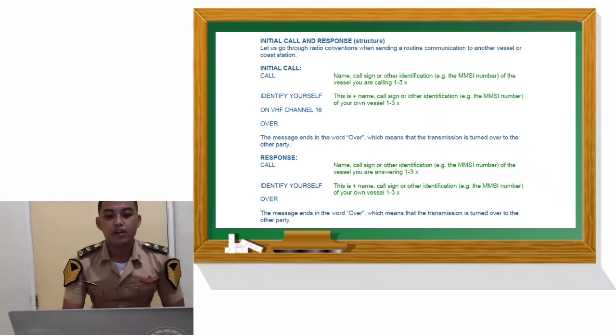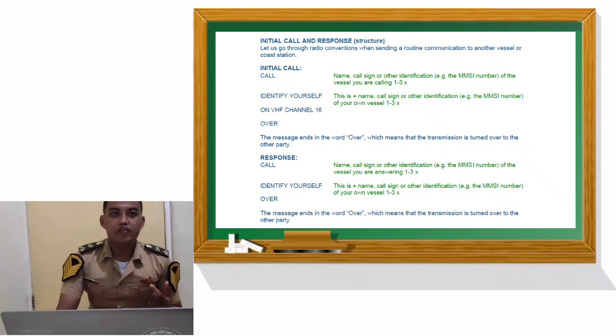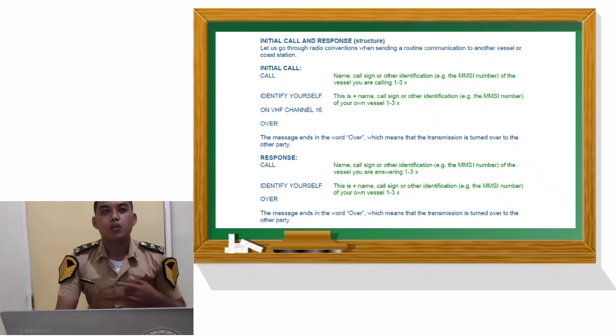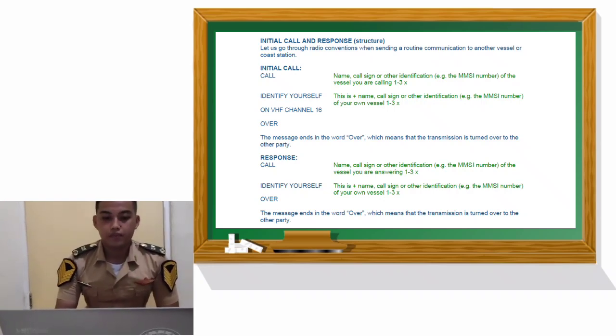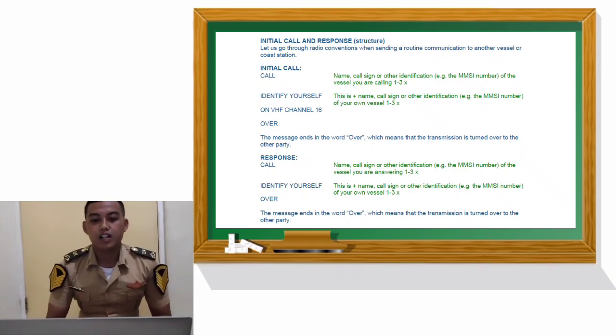Identify yourself: name, call sign, or other identification, for example the MMSI number of our vessel, one to three times. 3. Say on VHF channel 16, or what you want. 4. Say over. Over means that the transmission is turned over to the other party.